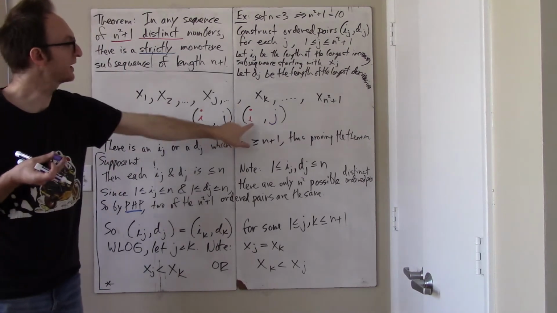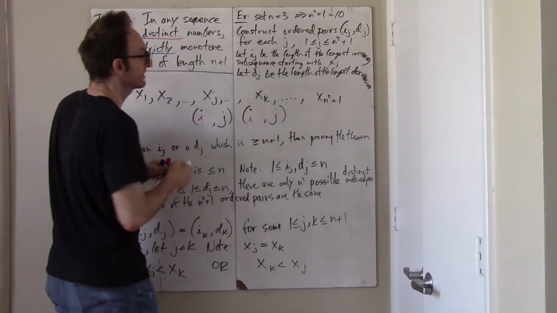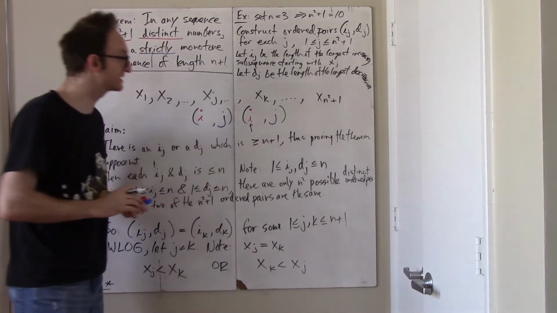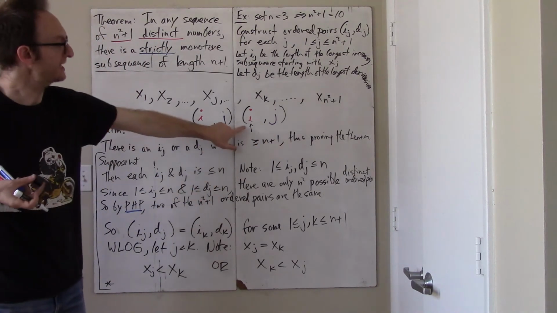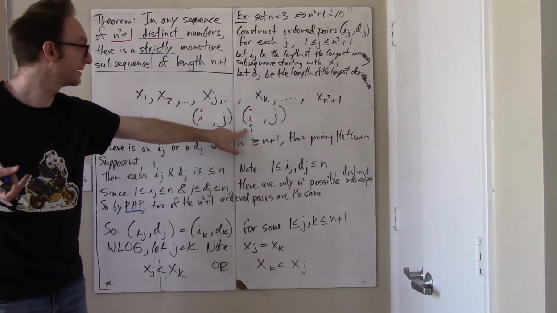Then looking over here now to this i, what is the significance of this i? The significance of this i means that the longest increasing subsequence starting here at the kth element has length i.